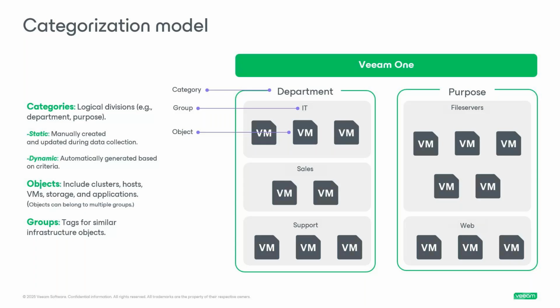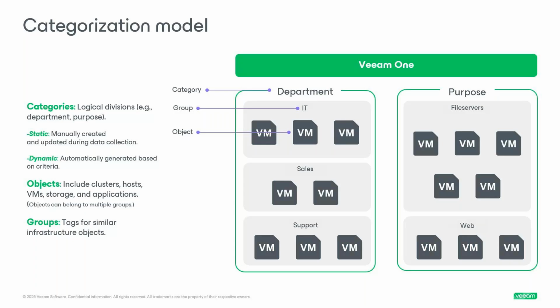Categories can be created statically or automatically generated based on certain criteria. The objects within them can include clusters, hosts, VMs, data stores, and applications, and you can have objects within multiple groups if that is necessary. And the groups I mentioned are just specific instances of categories.